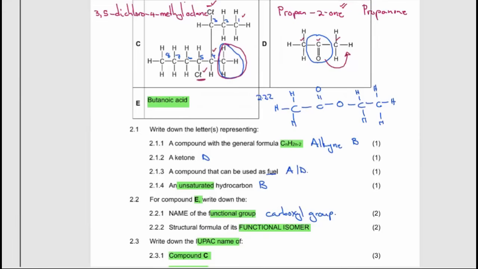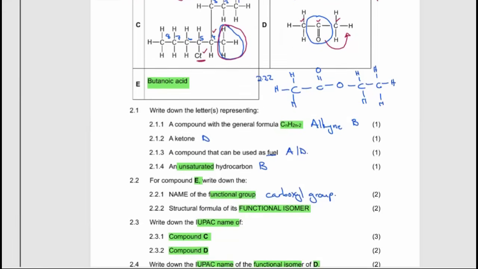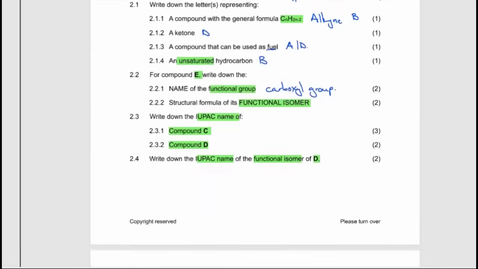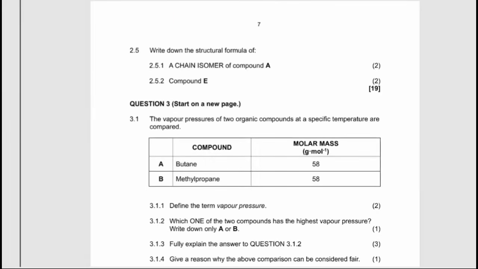Now I'm going to have the same number of carbons, which is 3, so I'm going to say propanal. So this is the name of the functional isomer of D.